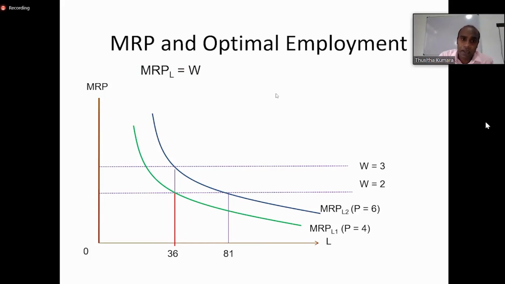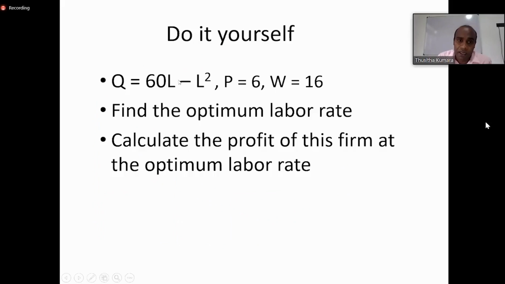Price is given, wage rate is given, and the production function is given. What is not given directly is the marginal product of labor.